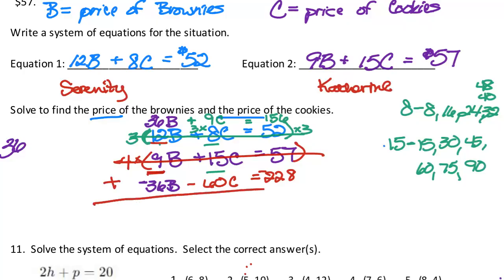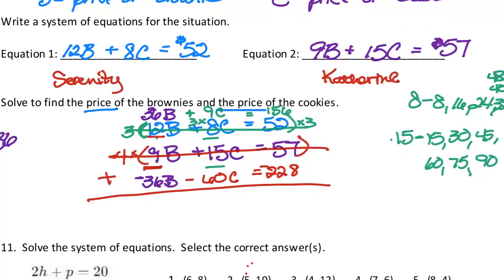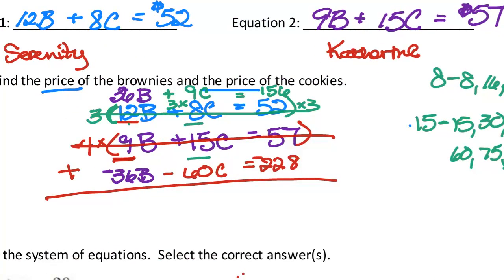Add them together. And again, before you just add them together, you need to make sure you have two opposites with opposite signs. Here I have no sign, which is a positive. Here I have the negative sign. So yes, those can be added together and canceled out.